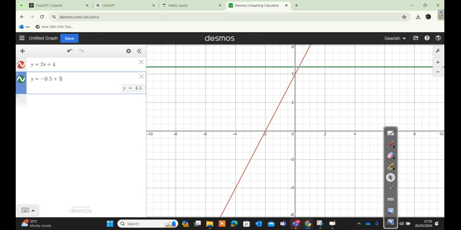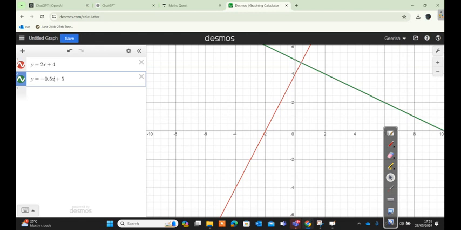So it's y is equal to -0.5. Sorry, I missed the x. I just need to correct that. It's -0.5x plus 5. Okay, and you can clearly see 2 times -1/2 is -1.